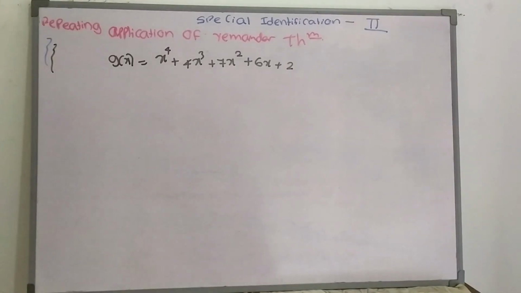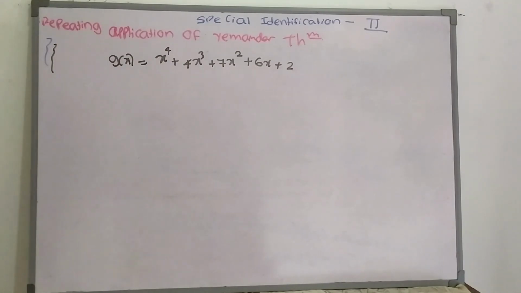Okay, under that theorem, I'm going to describe a question. I'm taking this question from the A/L paper 2012. G(x) is given, right? G(x) is already defined. We have to show that (x plus 1) whole squared is a factor of G(x) using the repeating application of the remainder theorem, right?